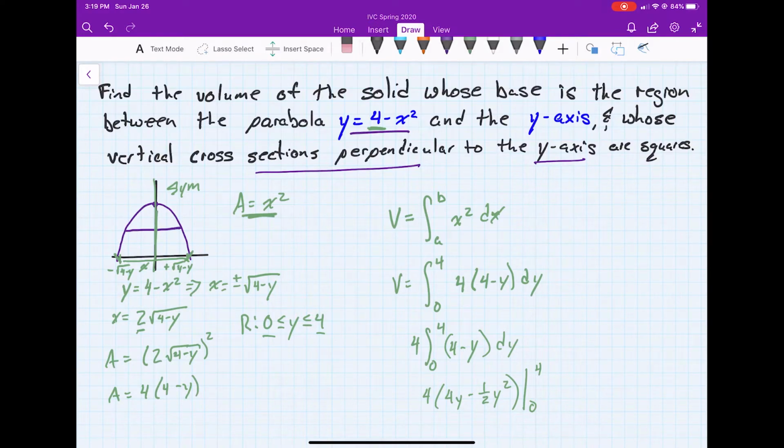Let's put it up here so we have a little bit more room. 4 times the quantity 4, and then we'll plug in our 4 for y, and then minus 1/2 4 squared. And then plugging in 0 would just get us 0 for the rest of that.